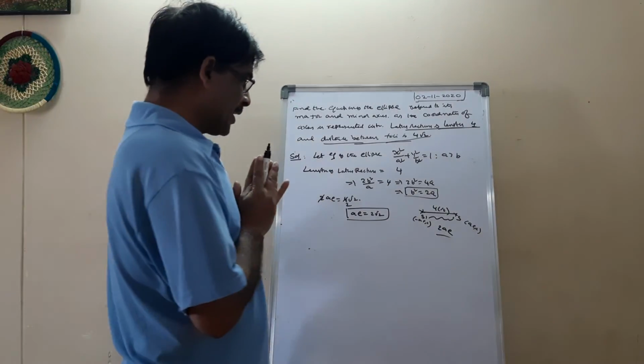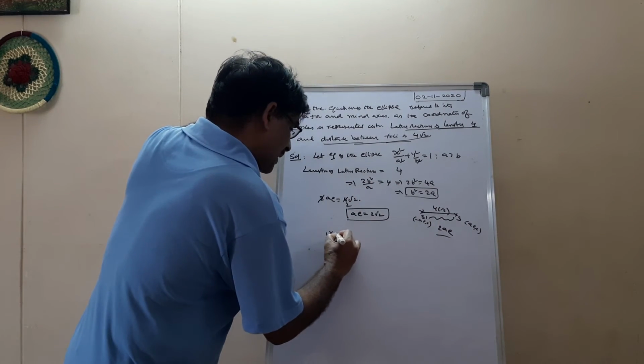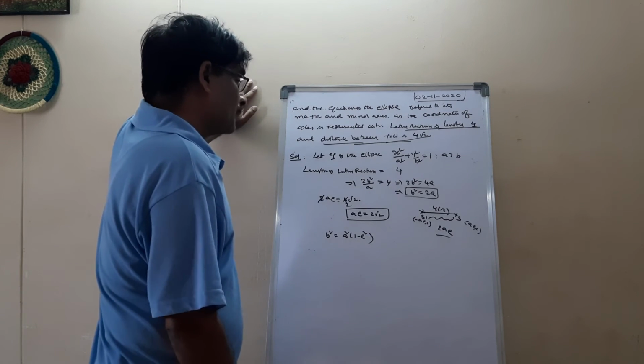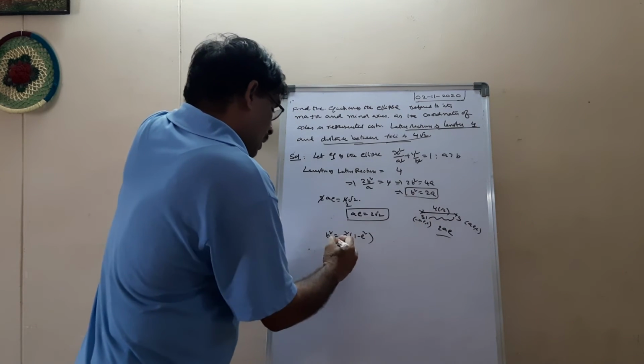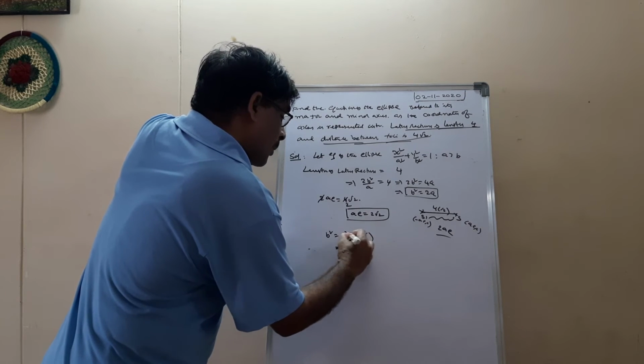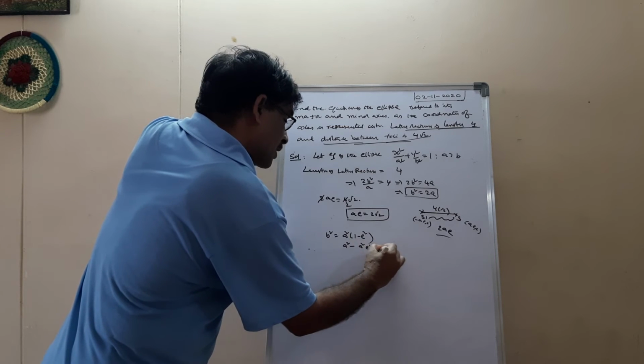How to find the equation of the ellipse? Same procedure. We know b square equal to a square into 1 minus e square, or a square minus a square e square equal to b square.